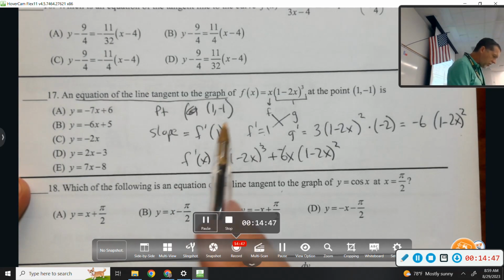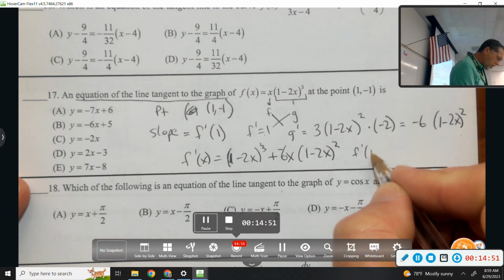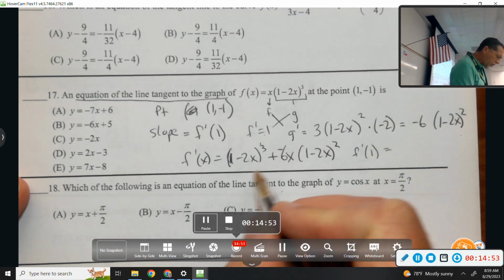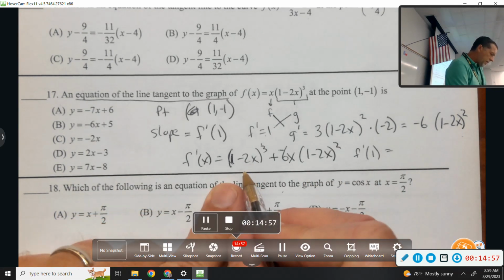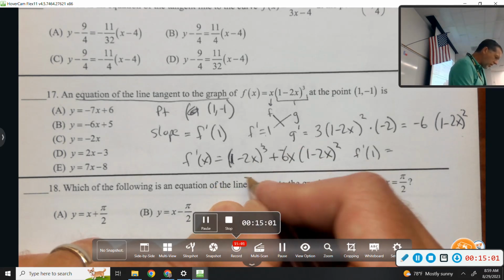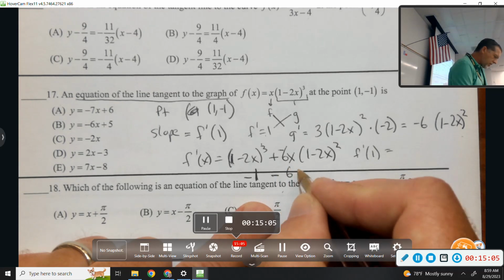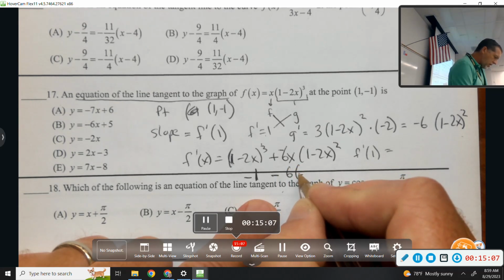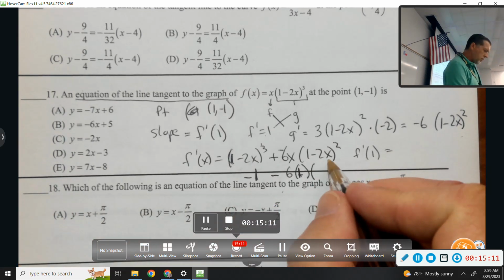And I need to evaluate that at 1. So I could clean up first, but it's probably easier to just plug in 1 and see what happens. 1 minus 2 is negative 1, cubed is negative 1, minus 6 times 1 times 1 minus 2 is negative 1.